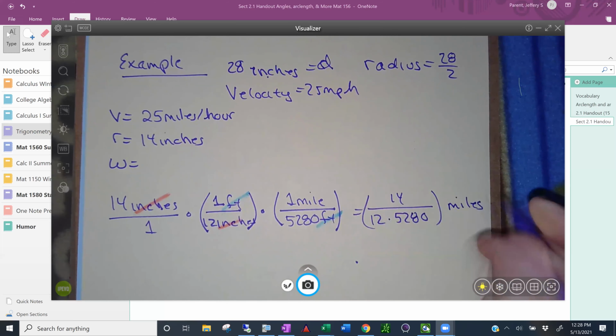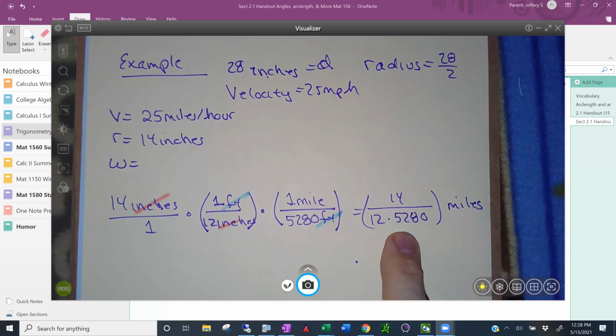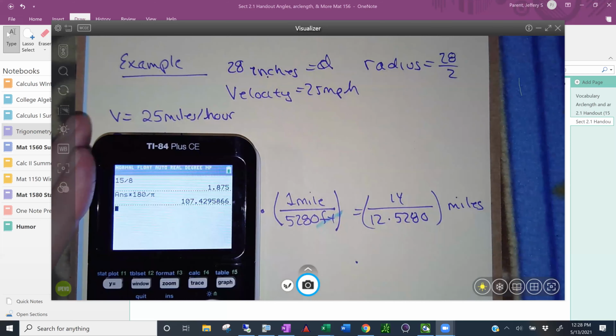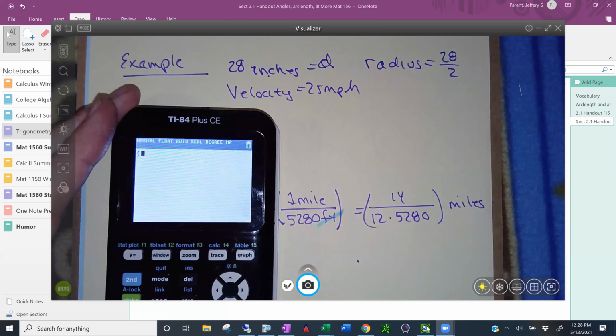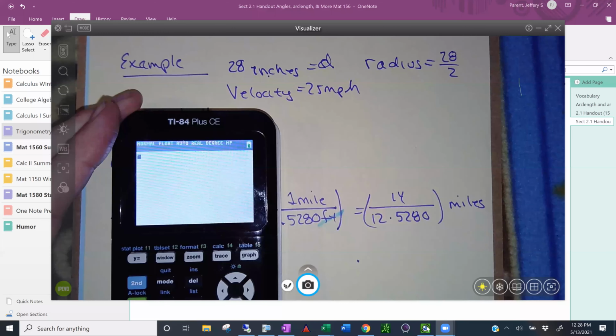So it's going to be really small, right? It's going to be a really small number because this is going to be like 60 or 70,000, somewhere in there. 14 divided by it, it's going to be really small. It's a really small chunk of a mile, but that's okay. Let's put that in here. And in fact, maybe it's helpful to have a decimal value there. 14 divided by parentheses 12 times 5,280.